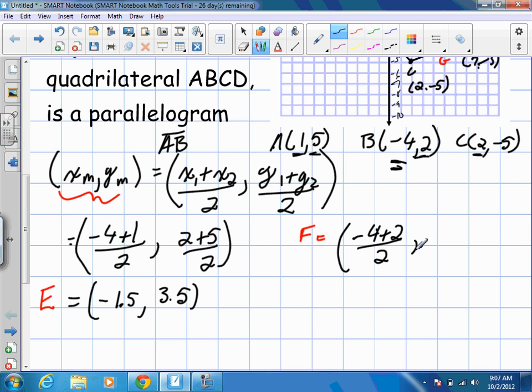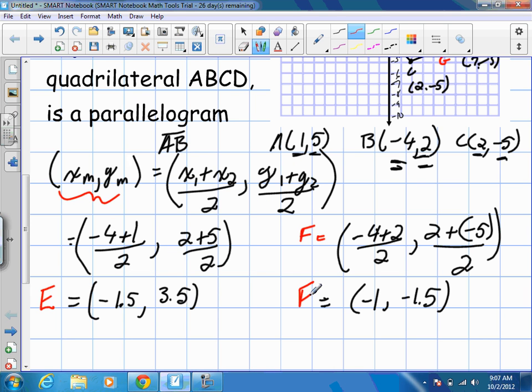The two y values, 2 and negative 5: 2 plus negative 5, divided by 2. Negative 4 plus 2 gives us negative 2, divided by 2, negative 1. 2 plus negative 5 gives us negative 3, divided by 2, negative 1.5. So that's coordinate F.